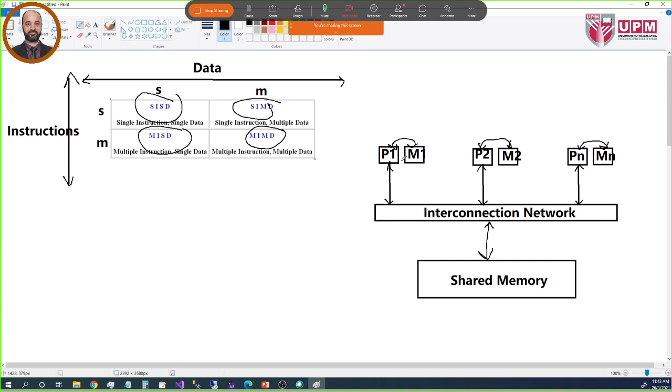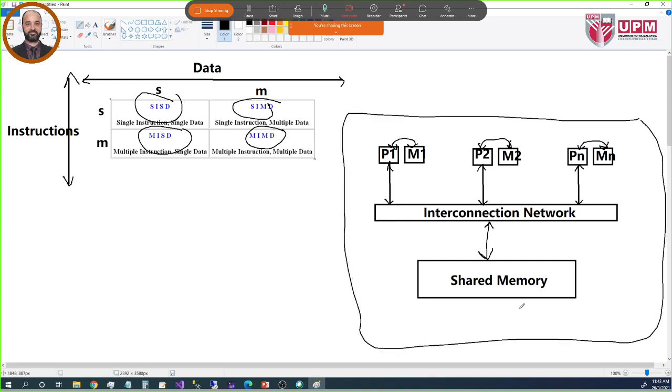This is the recent and today's mostly used architecture in every mobile device and every laptop we see recently. So our focus is going to be on this. Always keep this in mind.